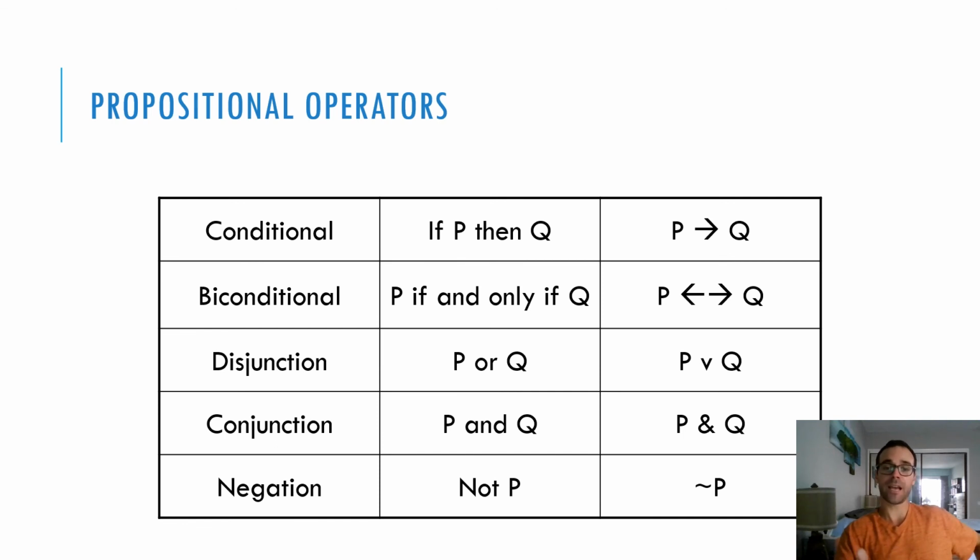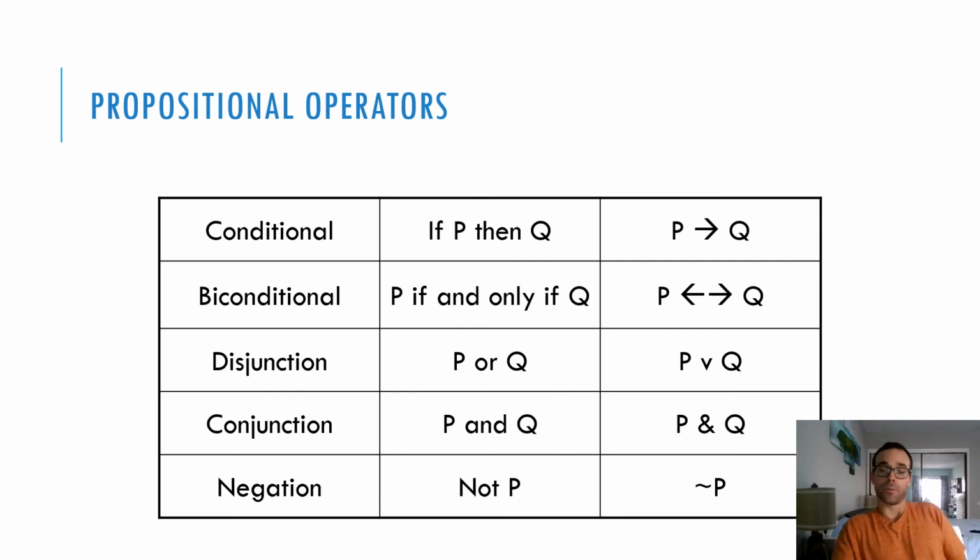So if I were to say P if and only if Q, I would write this P double-sided arrow Q, or again, P equal sign Q. These are equivalent because what we're saying here is that P is both necessary and sufficient for Q, and Q is necessary and sufficient for P.